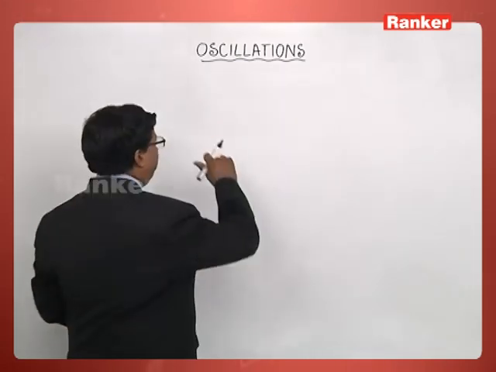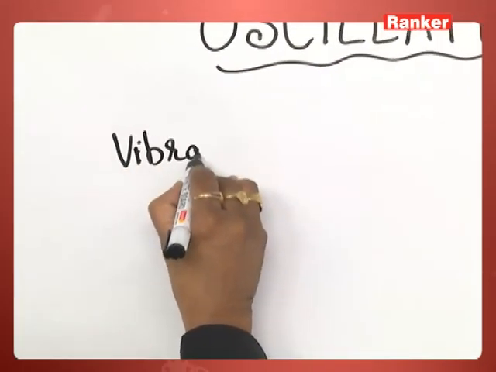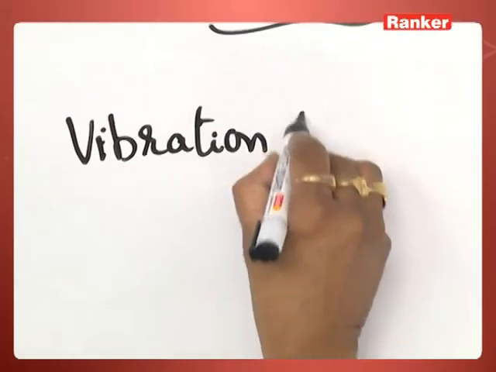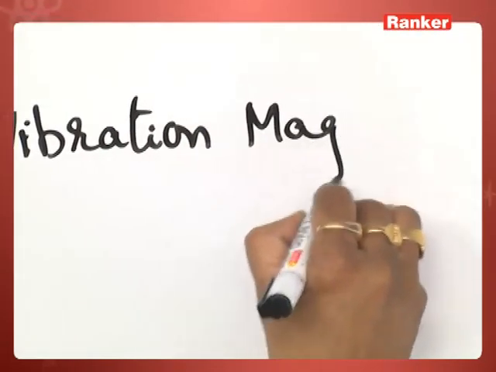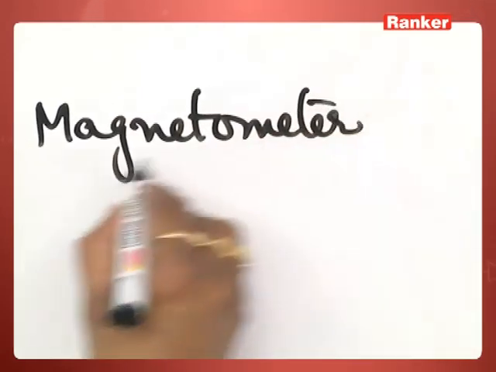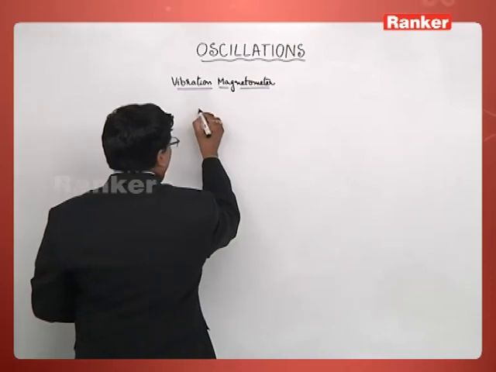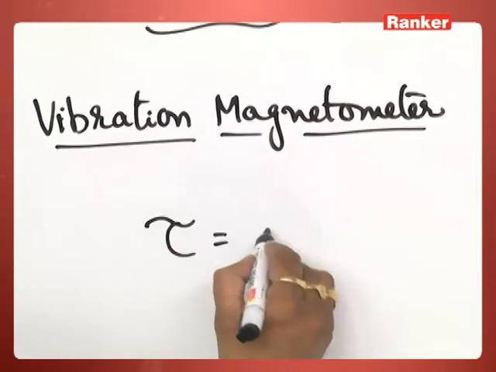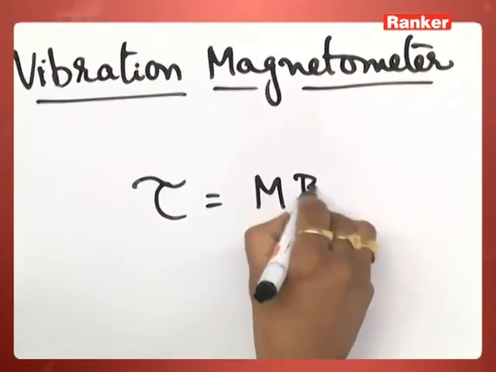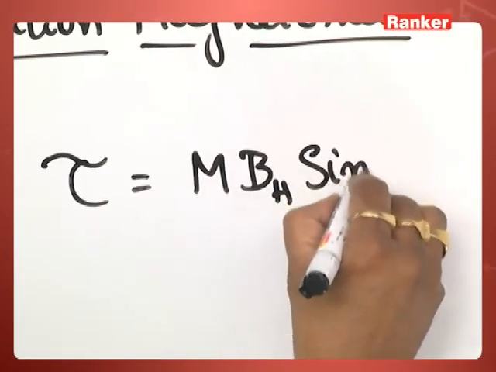In the vibration magnetometer, the torque acting on the bar magnet will be MBH sin theta.